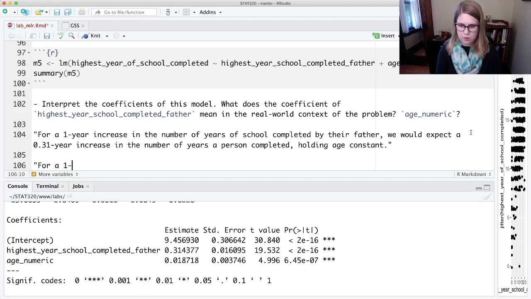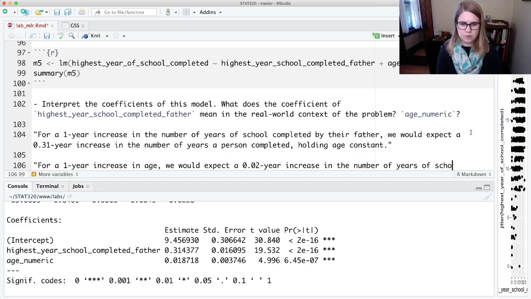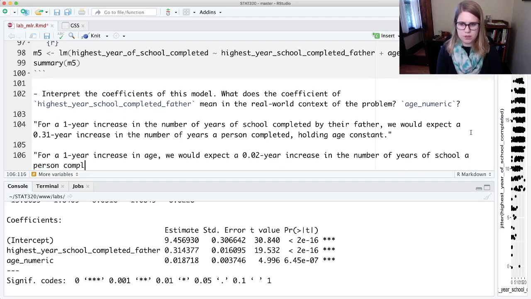For a 1-year increase in age, we would expect a 0.02 year increase in the number of years of school a person completed, holding the highest year school completed by father constant.